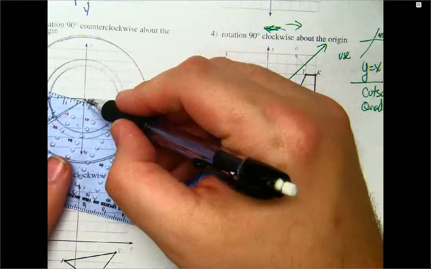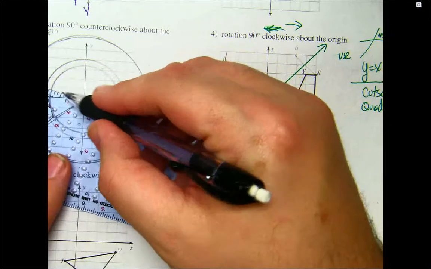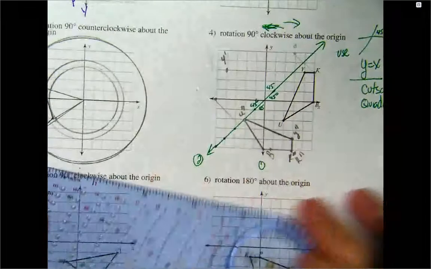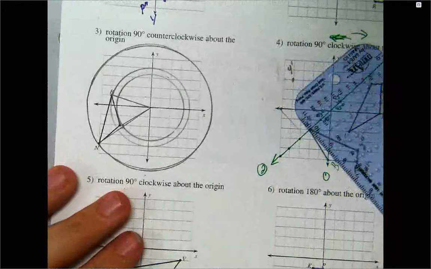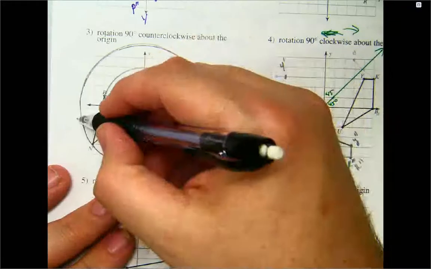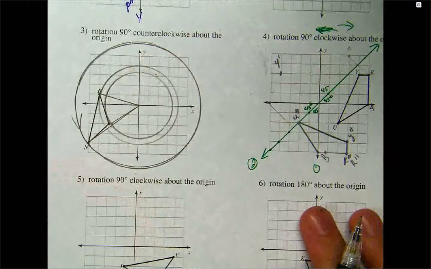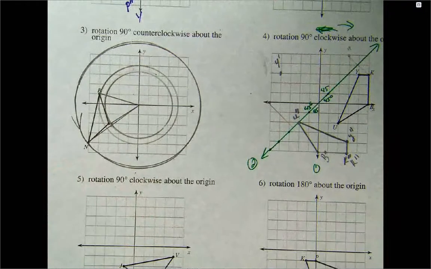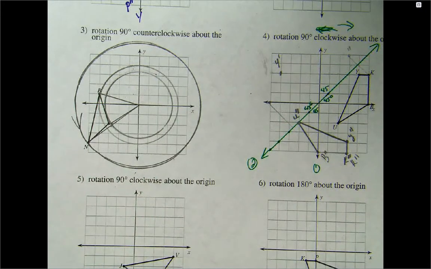And now we want 90 degrees counterclockwise, so we want to go this way. We need a protractor. Well, we don't really need a protractor because we have one.